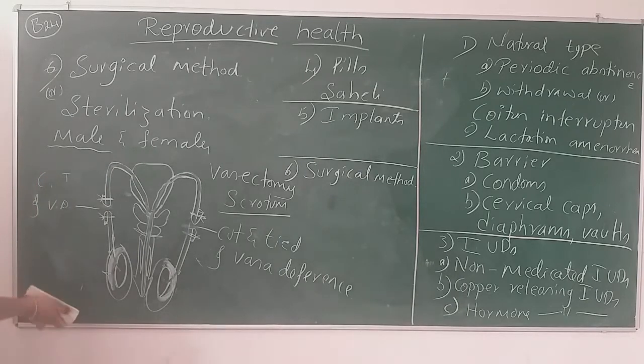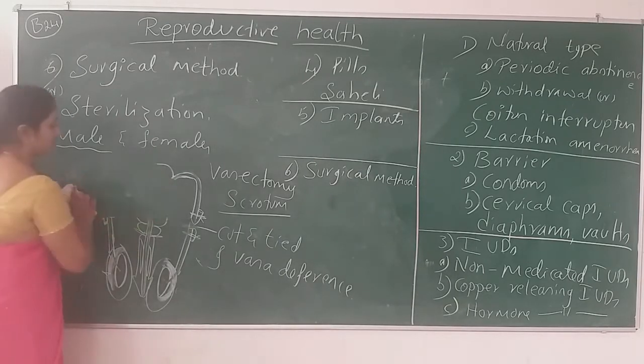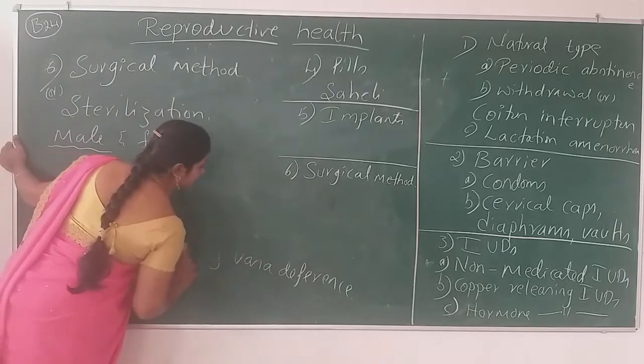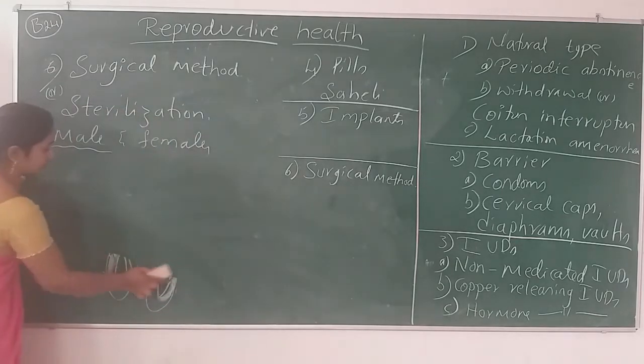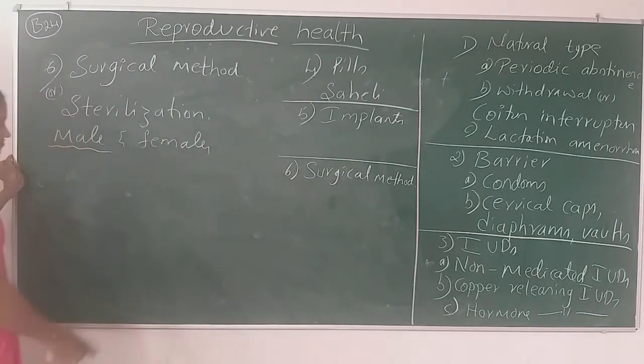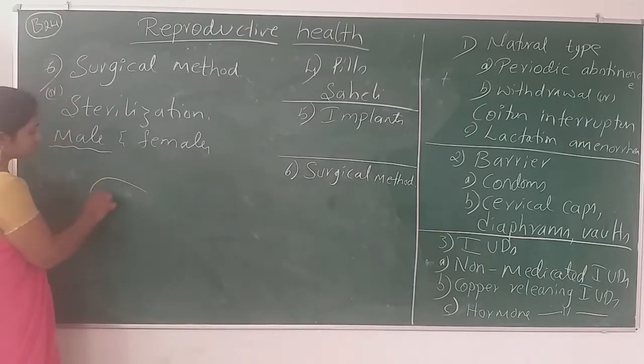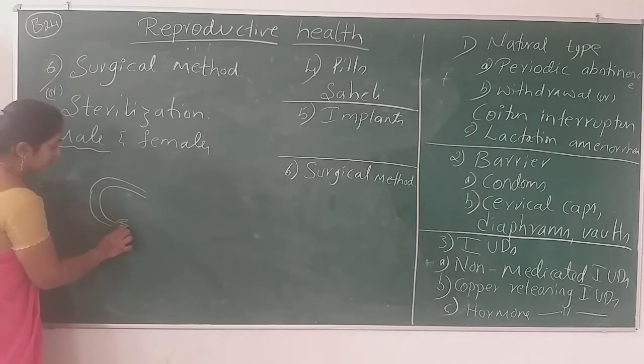The same thing if we see in females, they also have the female gamete, and they release the female gamete in the female reproductive system. Don't write this diagram. If you want, you can, but just understand this.